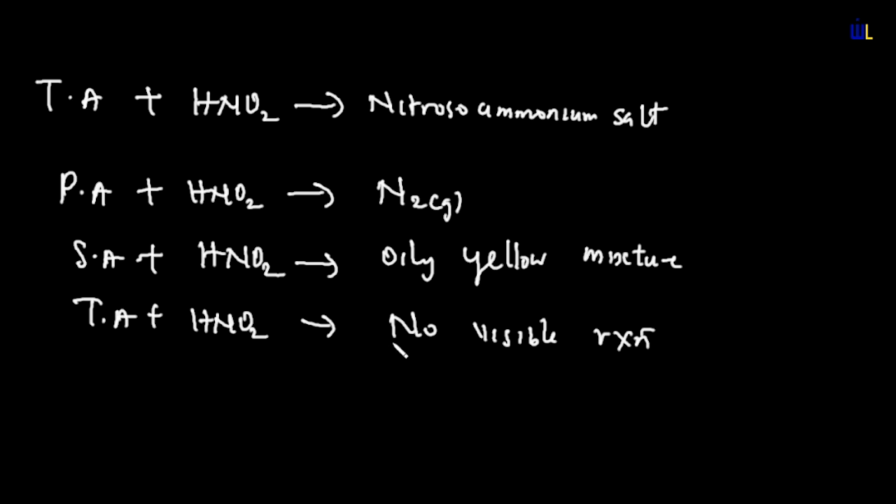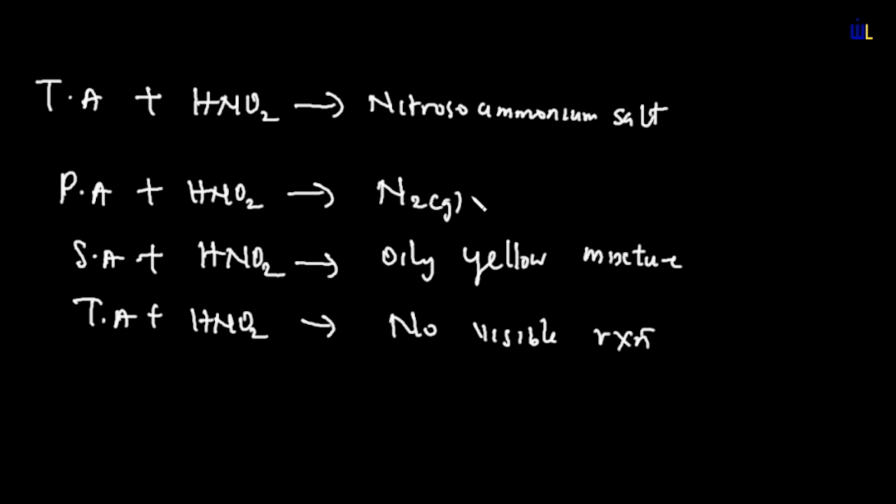And as I said, this is basically one of the substitution reactions that occurs in your amines. Now, anytime you have an aryl amine, your aryl amine basically forms more stable diazonium salts.